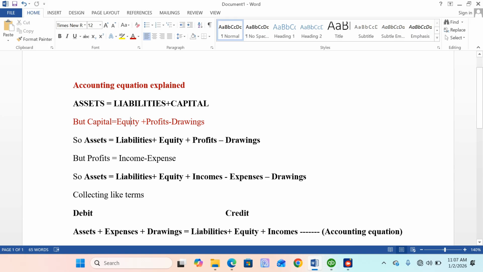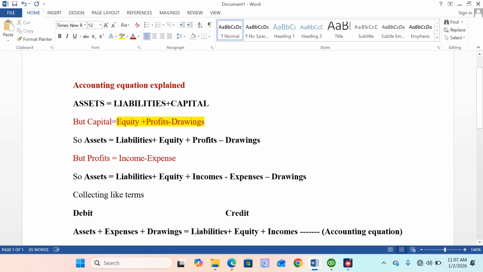So we come and replace this with capital in our equation. Our equation shall be assets is equal to liabilities plus equity plus profits minus drawings. But do you know that profits are also equal to income minus expenses?